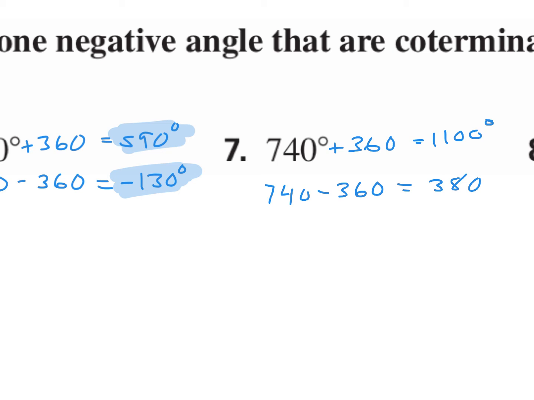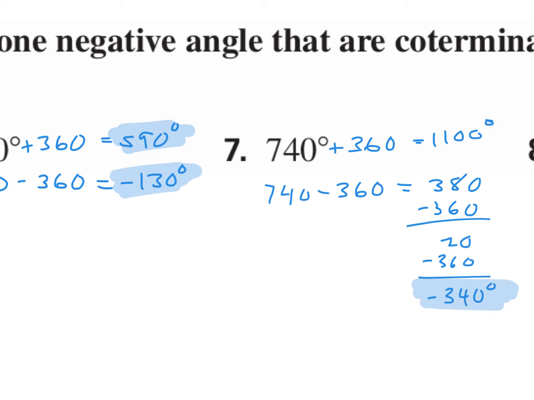No. So we have to subtract again. 380 minus 360 is what? 20. Is this negative? Nope. So we have to subtract 360 again. What's 20 minus 360? Negative 340. Finally, we have a negative. So this would be a negative coterminal angle.